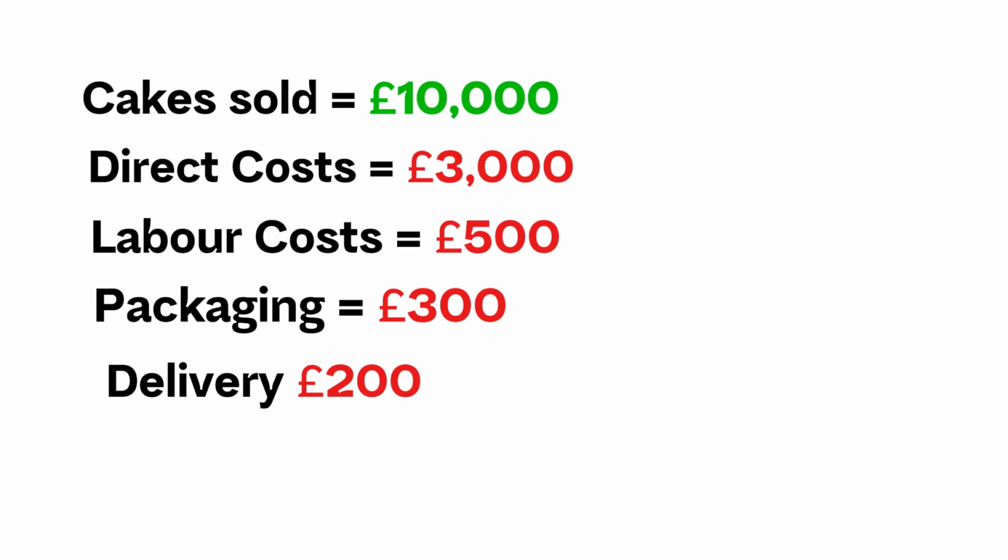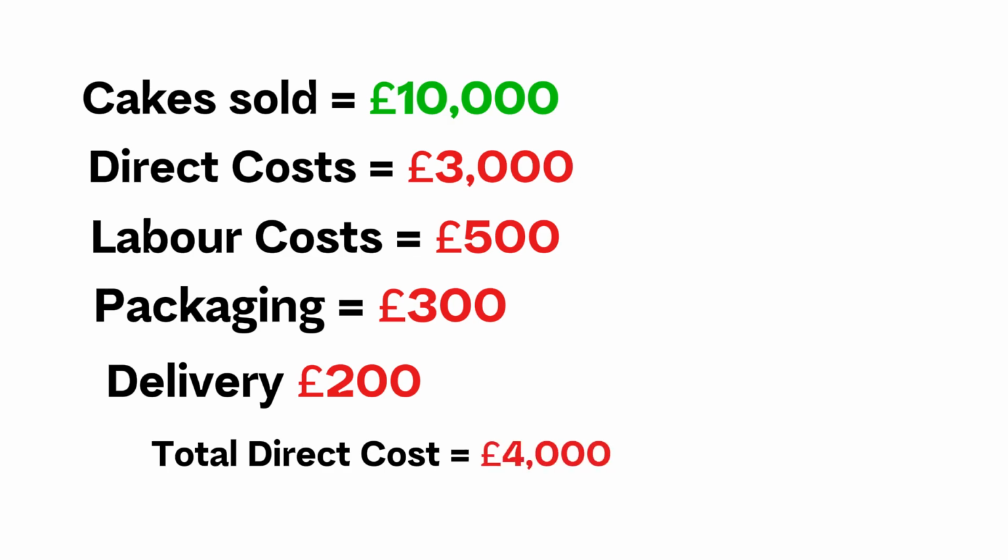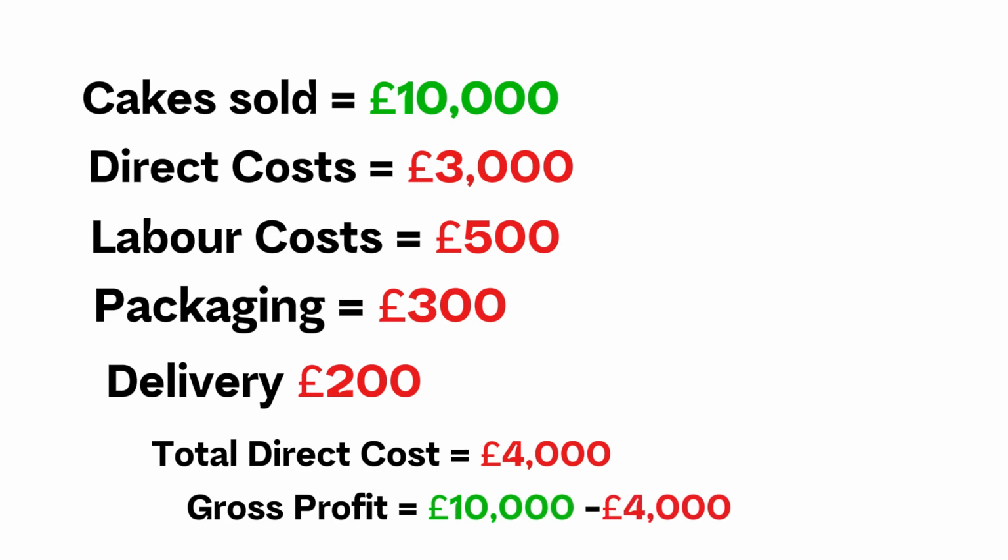So the total direct cost is £4,000. And so the gross profit for that period is going to be the £10,000, that is your sales amount, minus all of this direct cost, that is the £4,000, and you have £6,000 left, which is your gross profit.